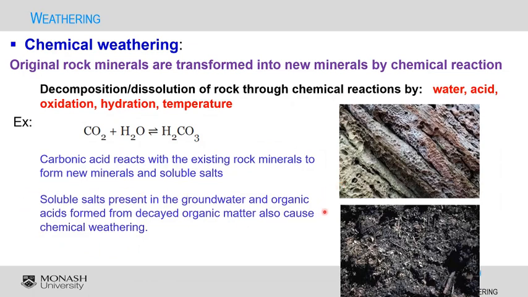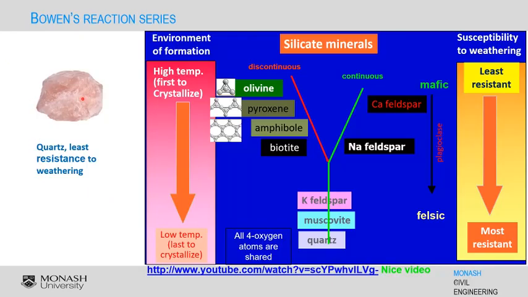Soluble salts present in the groundwater and organic acids formed from decayed organic matter also cause chemical weathering. Quartz is highly resistant to weathering and only slightly soluble in water. As we discussed in the previous clip, the minerals formed at high temperatures in Bowen's reaction series are less resistant to weathering than those formed at low temperatures.